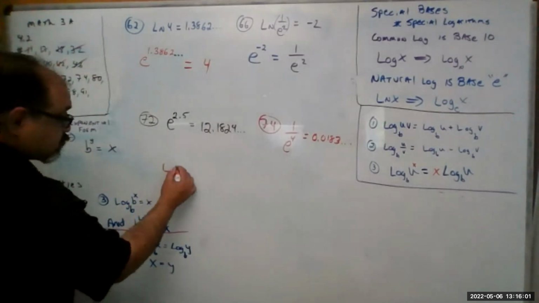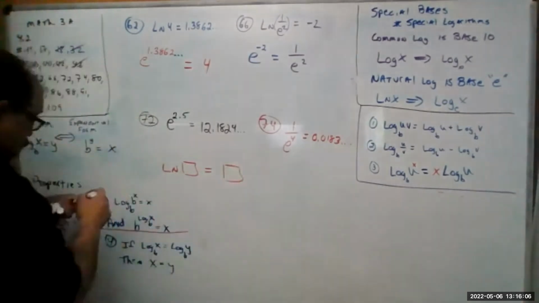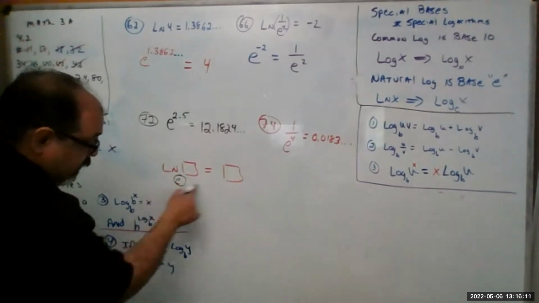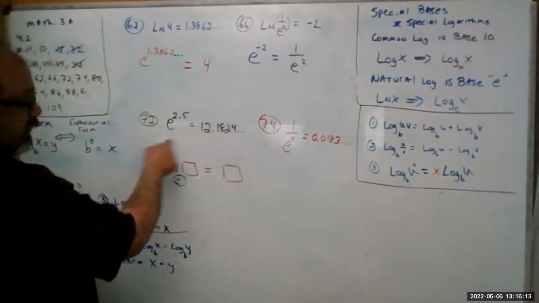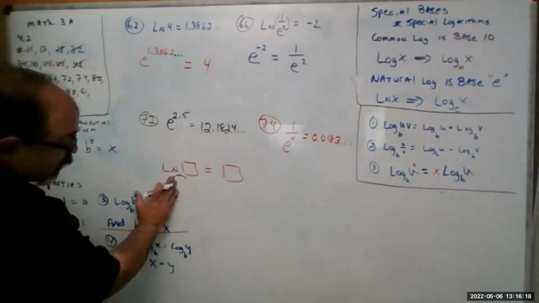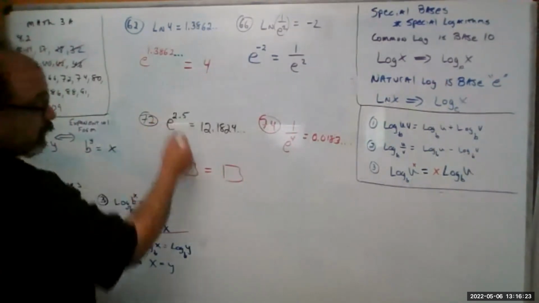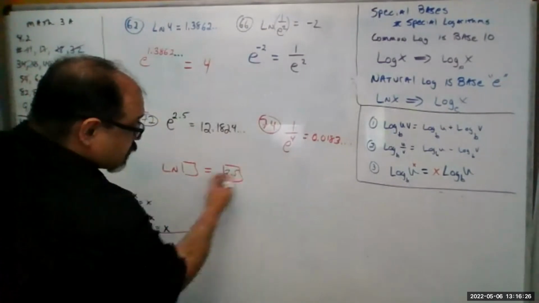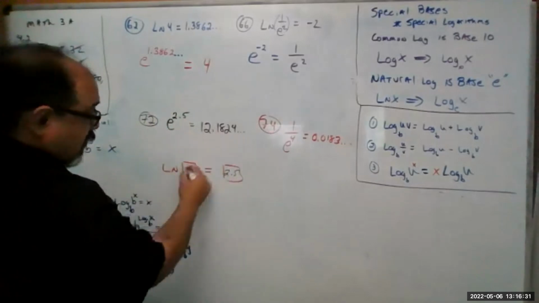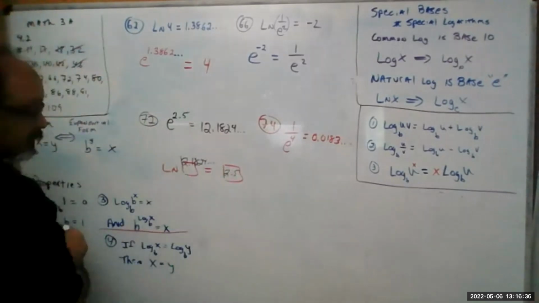Somebody took my natural log of something equals something over here because they did base e to the across equals what's inside, and came up with this. So the base is e, which you wouldn't write because natural log takes care of it. e to the across, the 2.5 goes across. e to the 2.5 equals what's inside, 12.1824, don't forget the dots.